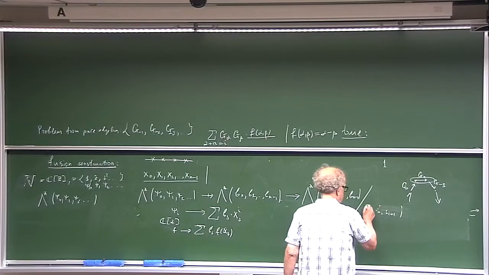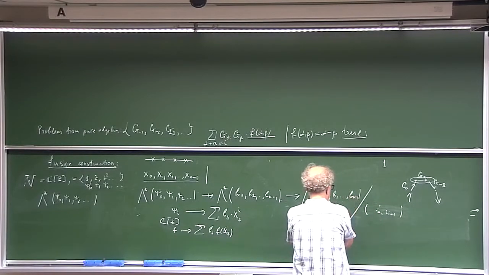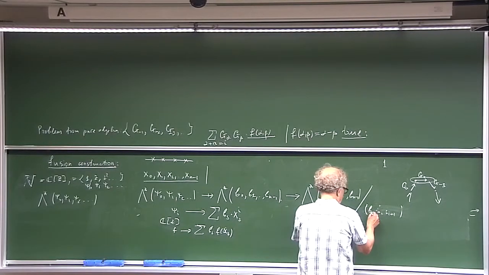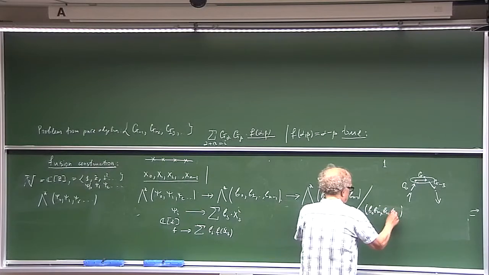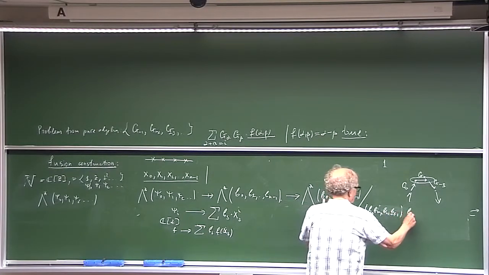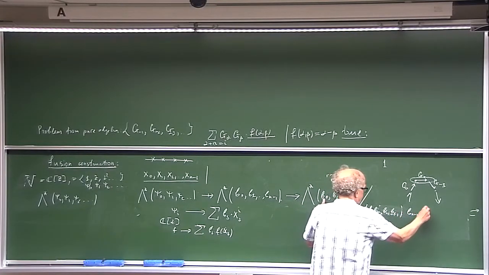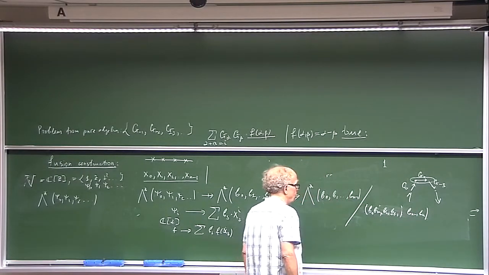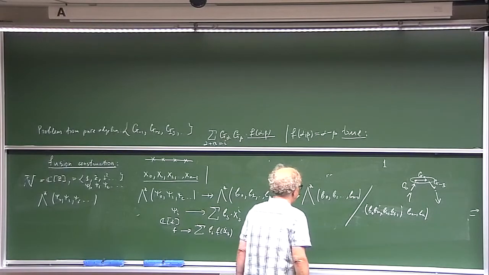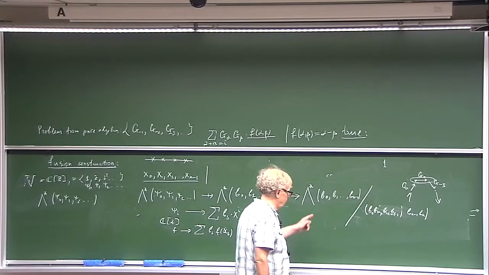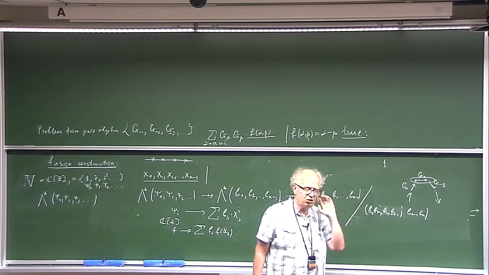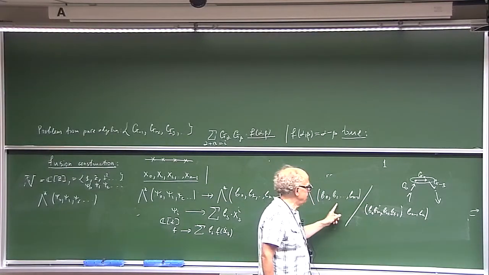So it means that I factorize it by quadratic monomials b0b1, b1b2, and so on up to b_{n-1}b_n. Well, what did we actually discuss yesterday? We discussed the same story, but for the ring of polynomials.